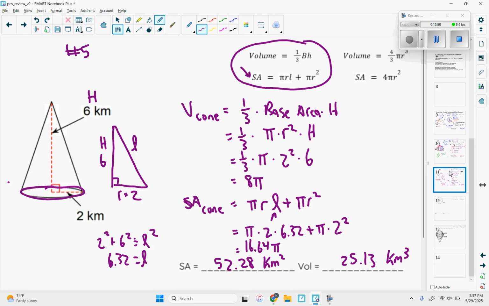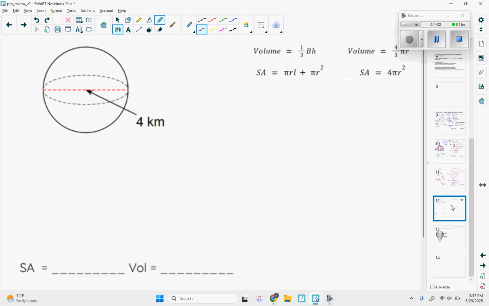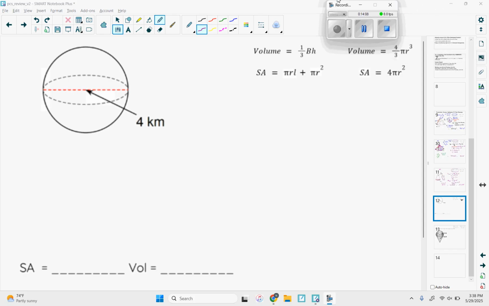All right. Our third and final shape from this chapter is the spheres. And for spheres, we're going to be using these formulas right here. All right. So the key part that we need to find for volume and surface area of a sphere is the radius.